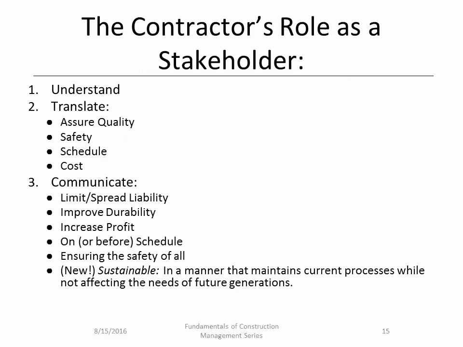So now that we've established who cares, what would be the contractor's role as one of those stakeholders? Well, one important role is that you understand what is trying to be communicated by the architect. You understand the vision, you understand the goals. When I used to work as a contractor, I would work directly with architects to find out typically what kind of details they liked in their buildings.